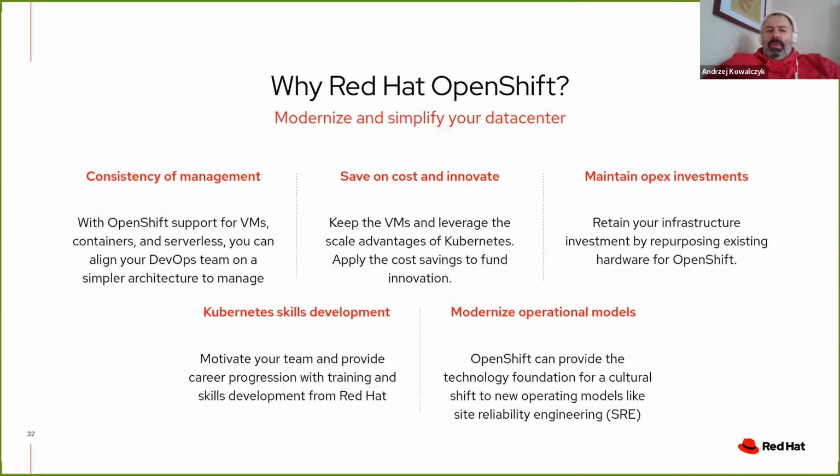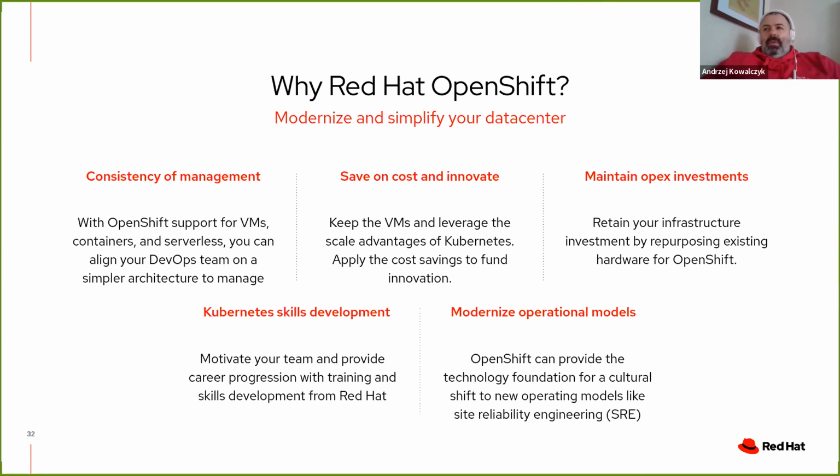So why OpenShift? Typically because of money, because you can save money and you can avoid hypervisors. You will simplify the architecture and you will run both containers and virtual machines on the same platform, orchestrated by Kubernetes. So consistency. Still, new applications, even if you containerize them, need connections to traditional or legacy applications.